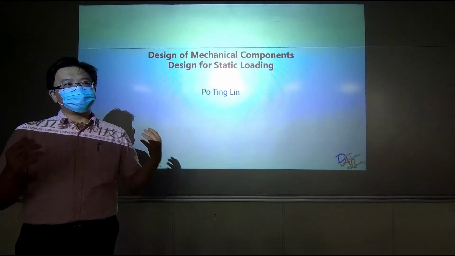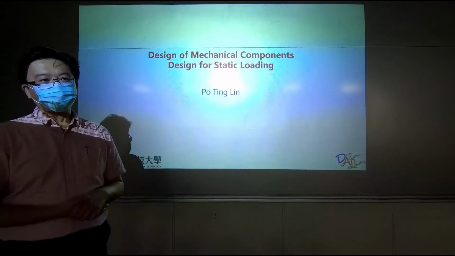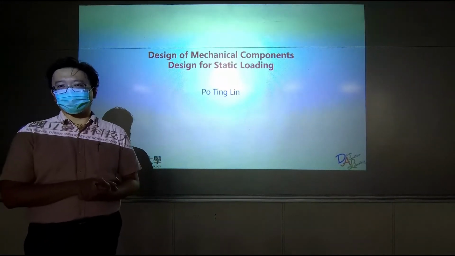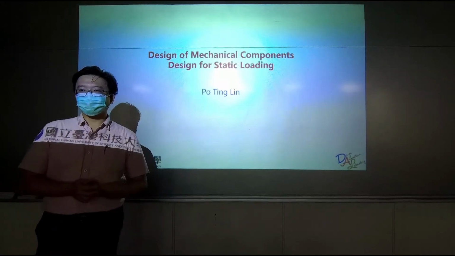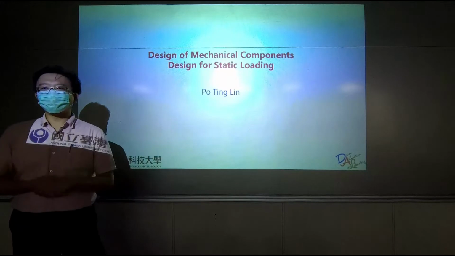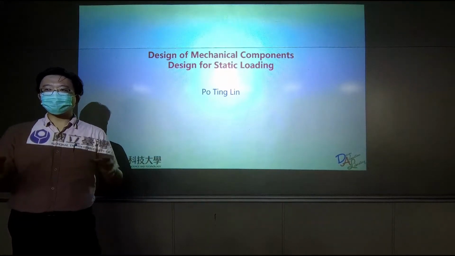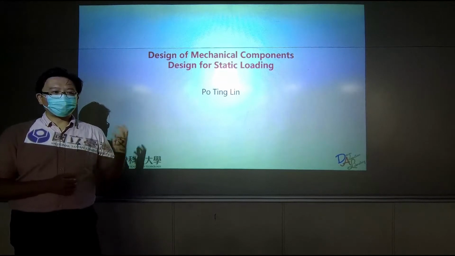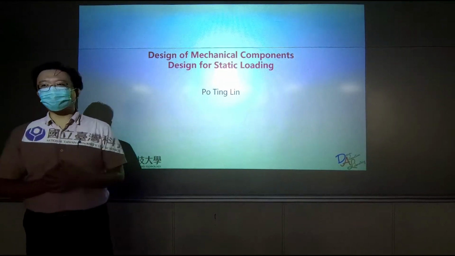If we have permanent deformation, it's considered a failed product, a failed system, a failed part. So we are mainly focusing on safe design, but we need to know how safe it is.